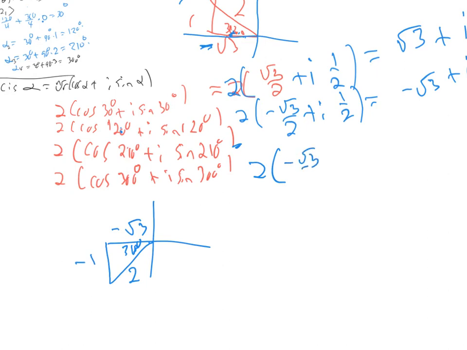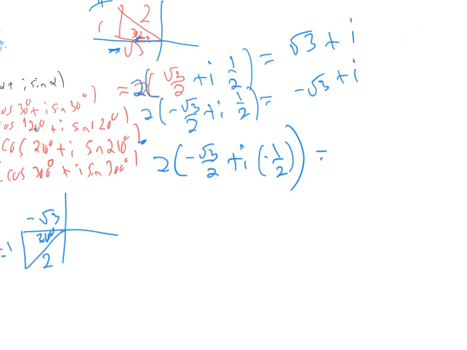Negative square root of 3 over 2, just like in quadrant 2, plus I times a negative 1 over 2. So what happens now when I distribute? I've got a negative square root of 3 plus I over 2. No, the 2 canceled. Plus I.